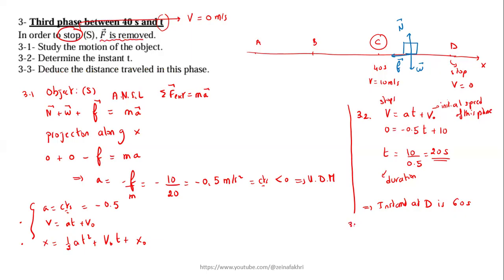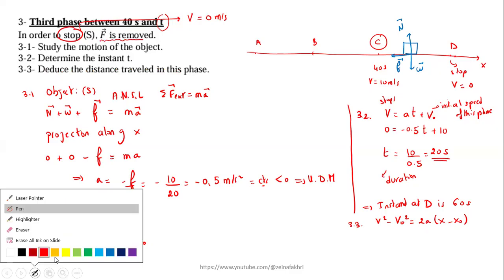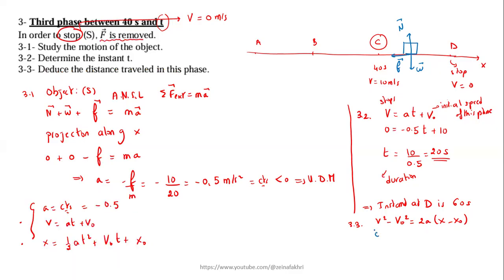To find the distance traveled, I can use this equation, x minus x0 here, or I can also use the one independent of time, V squared equals V0 squared plus 2a times x minus x0. Both work for me because we have all the givens. Here V is V final, as we said, equal to 0. It stops.